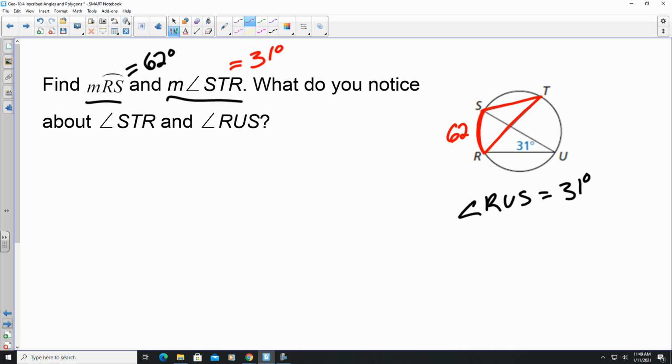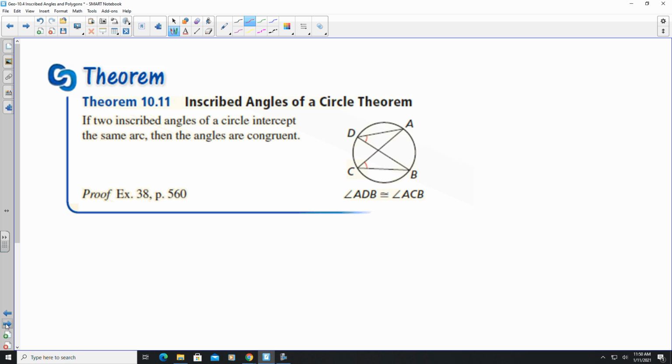So what do we notice about angle STR and angle RUS? Well, they're the same, which means that is there a theorem that allows us to make that assumption? Well, yes, there is. We can say that we have what is called the inscribed angles of a circle theorem.